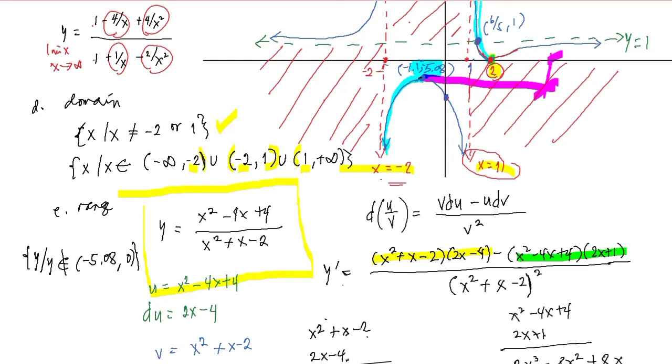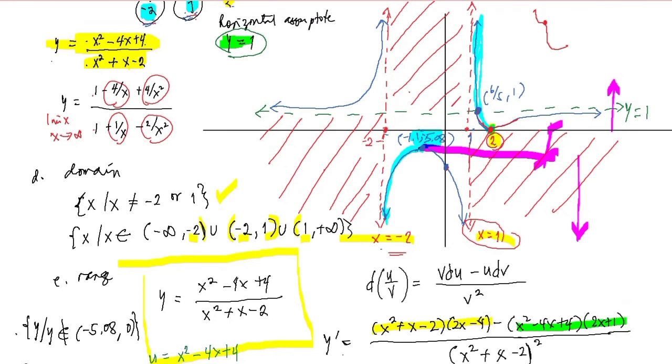So, lahat ng value from the negative 5.08 pababa, tapos dito galing ng 0 pataas, yun lang yung may range tayo. So, pwede natin sabihin na yung range natin is any value of y such that y is an element of the set from the negative infinity up to negative 5.08 union of the set from 0 up to the positive infinity. No? So, mas magandang tingnan ito kaysa dito sa isa. Okay? So, nasagot na natin lahat ng mga properties para dito sa equation na to.